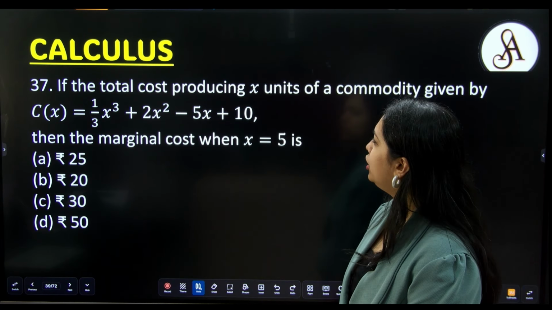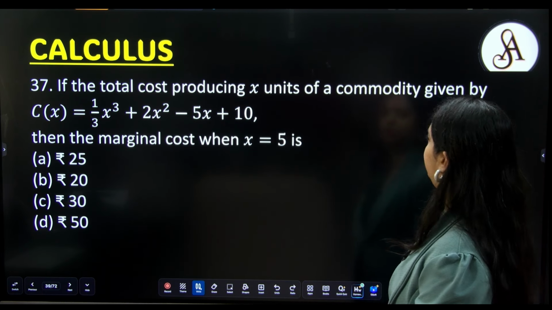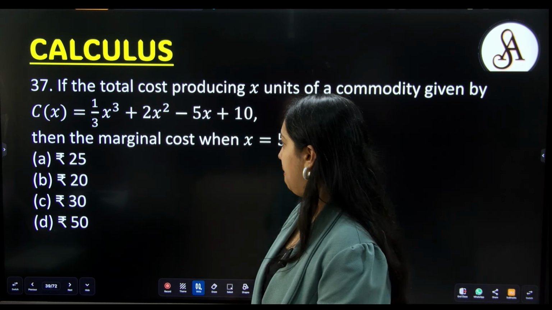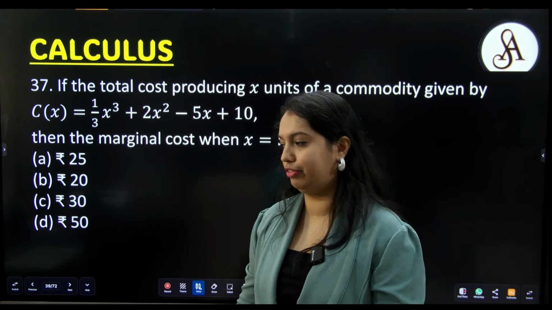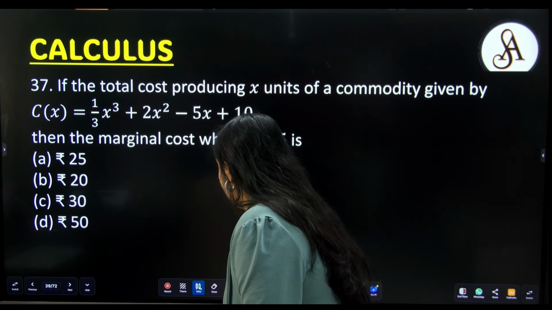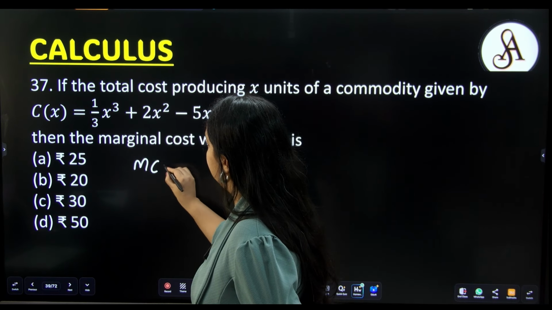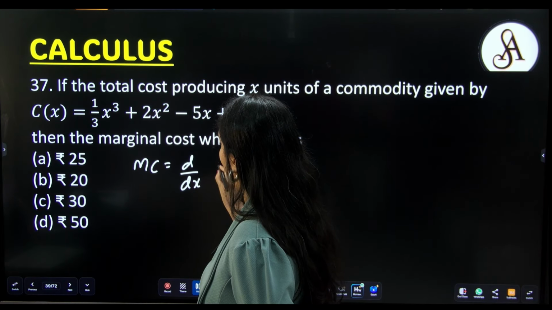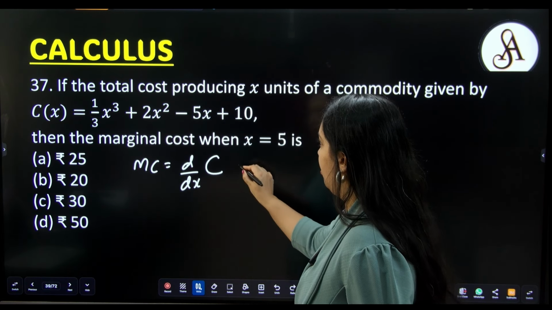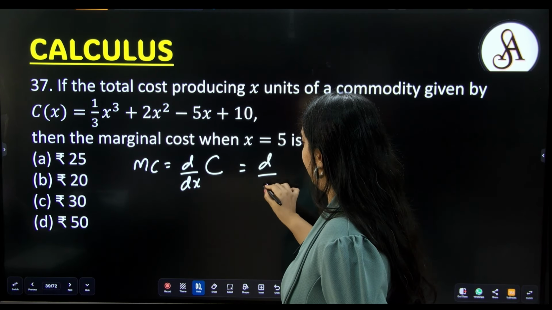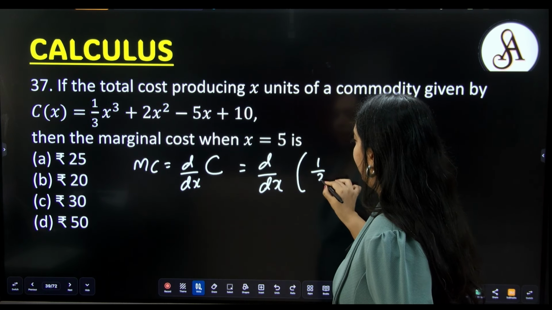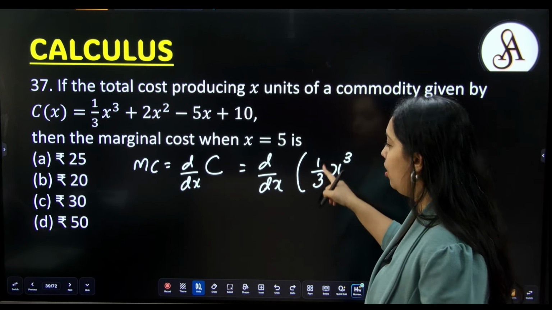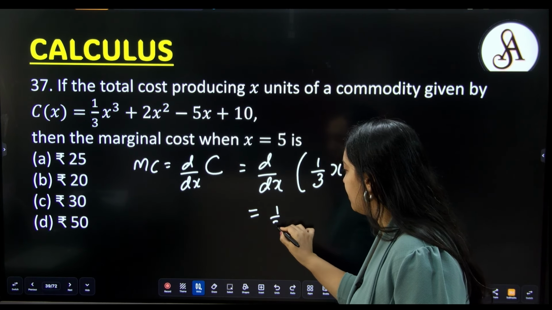Next, if the total cost of producing x units is given by this, marginal cost is dash. Just like the last question, we have to find the derivative now. So, marginal cost is given as the derivative of the total cost function, which is the derivative of, tell me what is the derivative of 1 by 3 x cube, 1 by 3 goes outside.